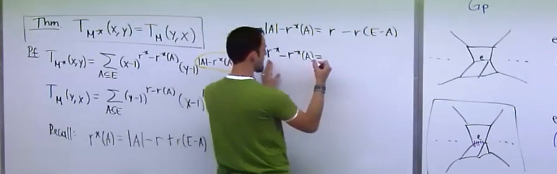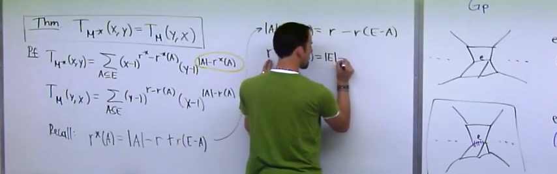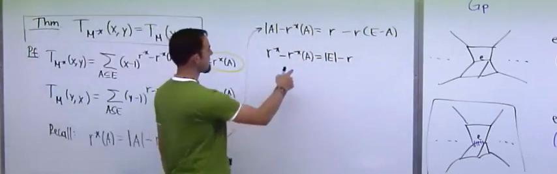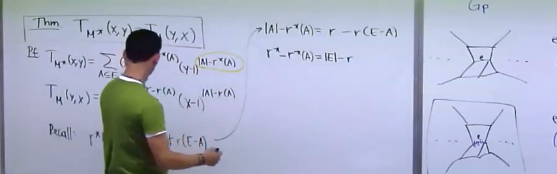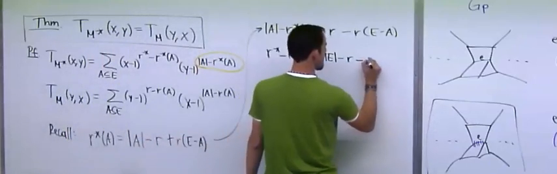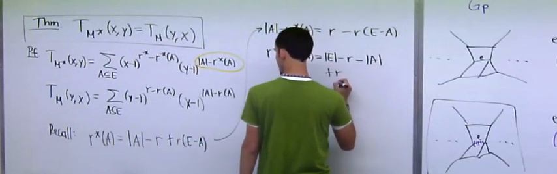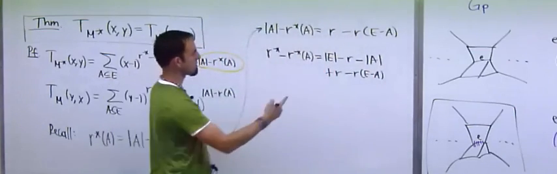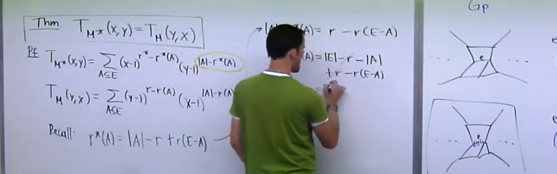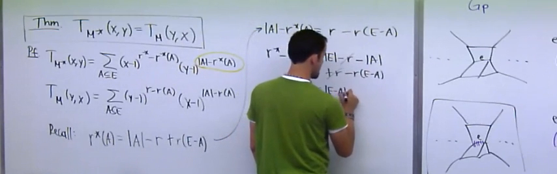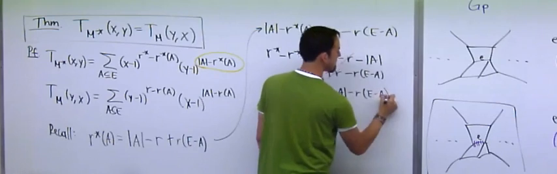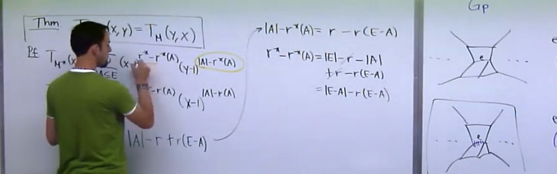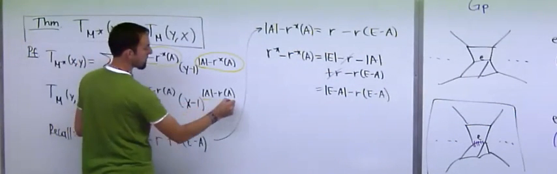So the rank of the dual matroid is equal to the size of the ground set minus the rank of the matroid M. And then I subtract this guy, which is minus A plus R minus rank of E minus A. And of course it works out. Minus R and minus R disappear. E minus A is size of E minus A minus rank of E minus A.